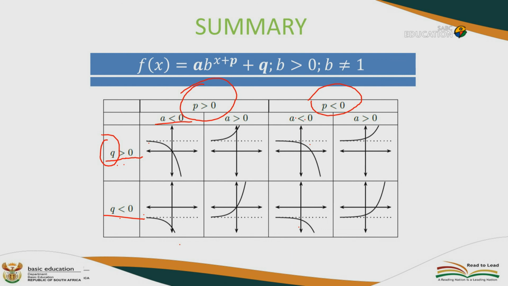A greater than 0, it's positive, it's above. Here, remember, A was negative, it's below. A negative, below. A positive, greater than 0, above.